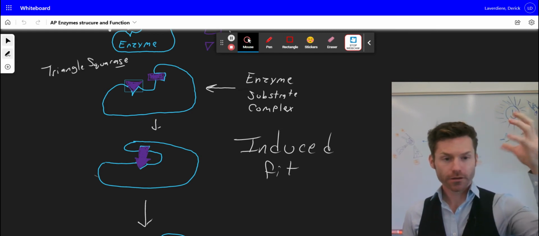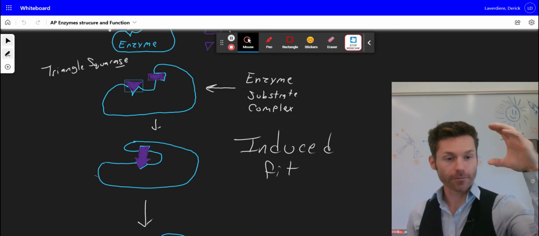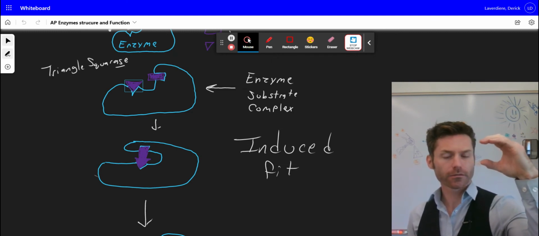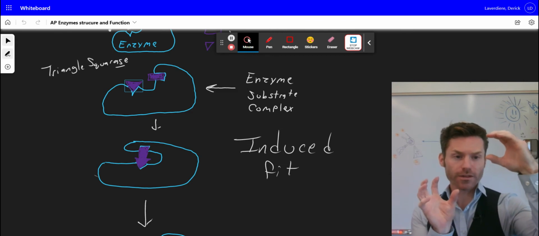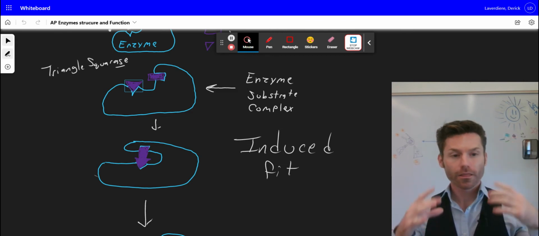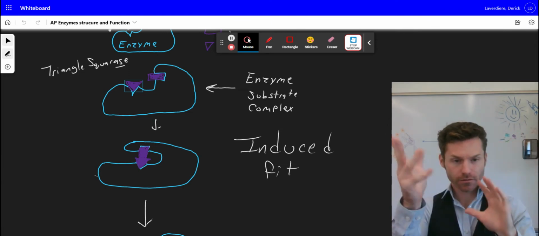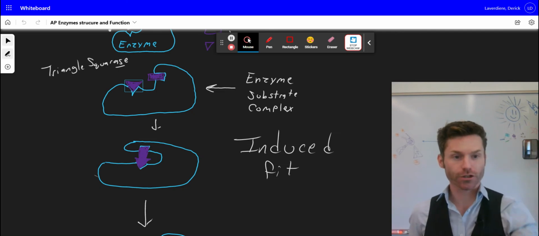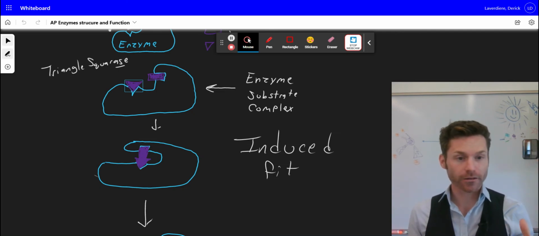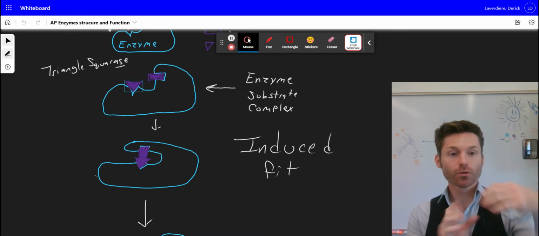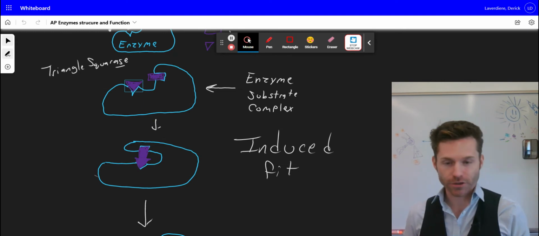The other active site will grab the rectangle, do the same thing, click down on it, and then it's holding both of these substrates in place. That engagement with both substrates will change the overall structure of the protein again, and it will force the substrates into a good position for the reaction to occur.